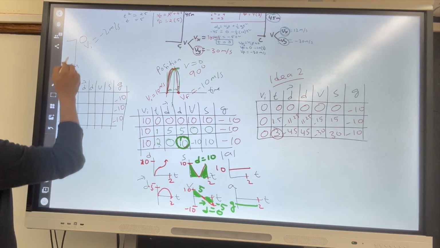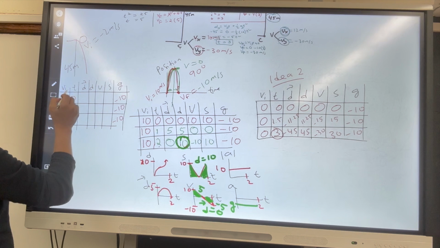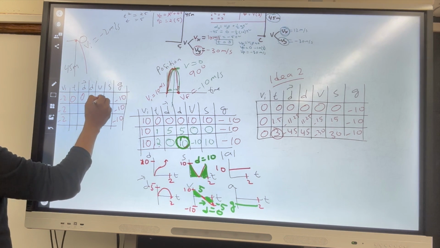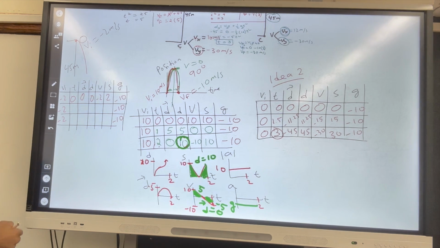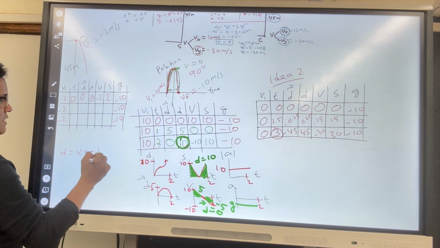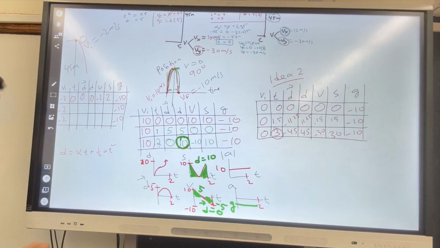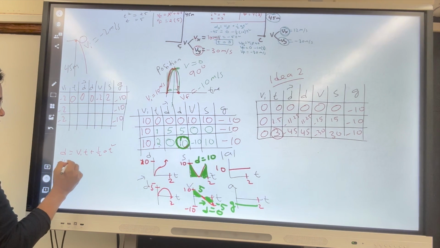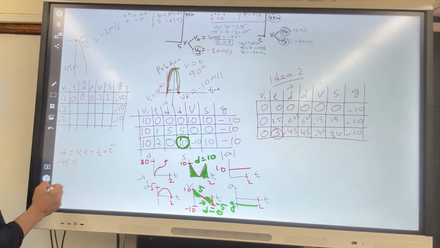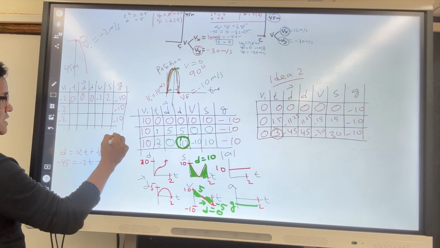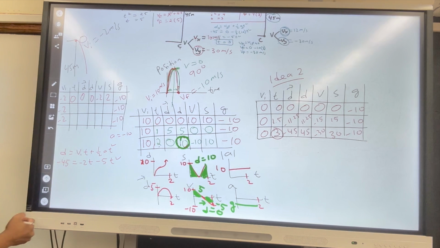So you're just gonna keep putting those things. At 0 second, the displacement is still 0, distance 0, velocity is -2, speed is 2. How long was the entire trip? D is equal to Vit plus half at squared. How much time? It was falling 45 meters, so you must put -45, -2t, -5t squared, because a is -10, acceleration due to gravity.